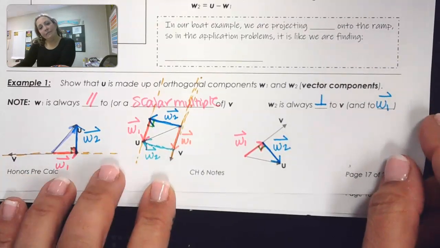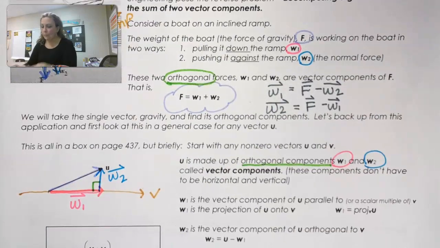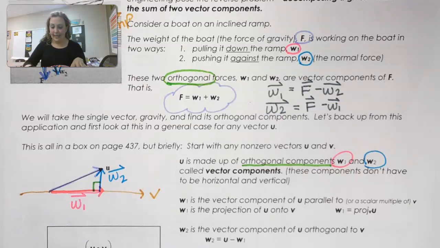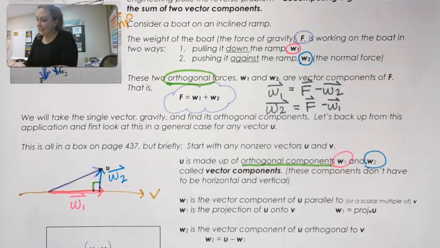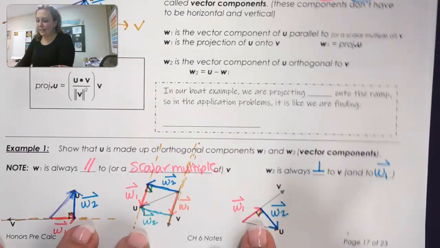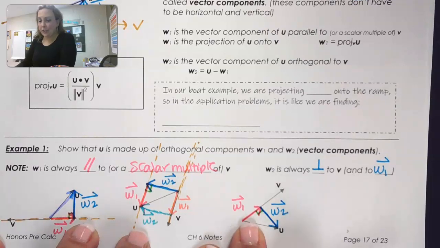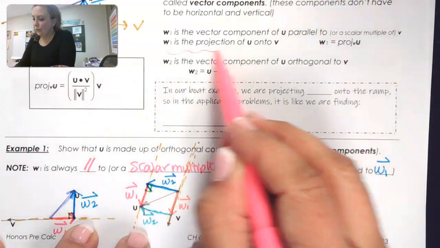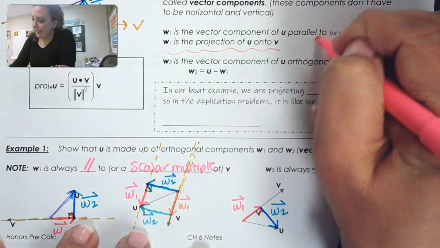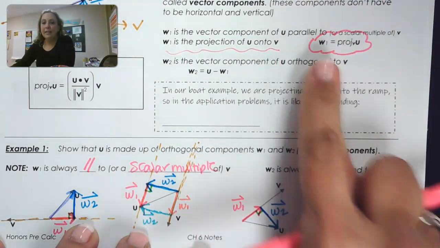So we've looked at that visually, but let's say that we wanted to be a little more specific. Well, there is a way that we can find that. This W1, again, that W1 is the projection of U onto V. And this is how that looks, okay?